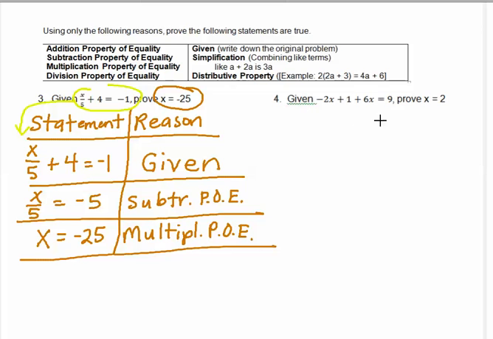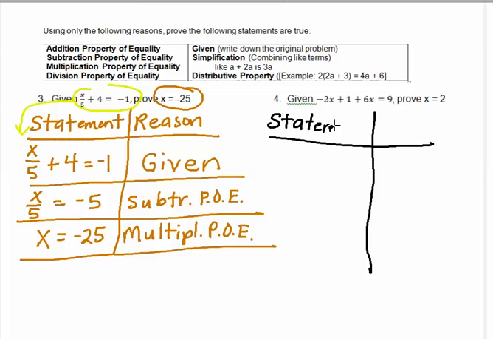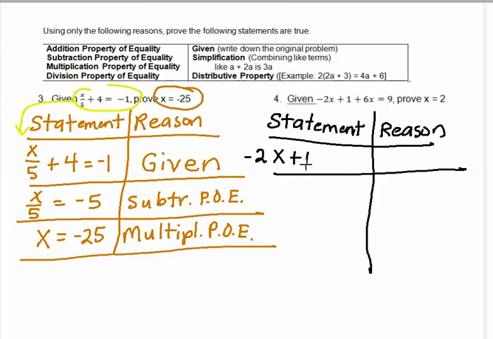Over here, I'm going to draw columns and rows. Statement. Always, always, always. Reason is always on the right. I'm going to just write down the given right here. And that is my given.